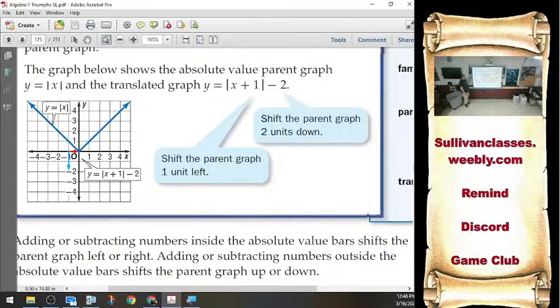All right. So, what I want you to write next to these is an absolute value will look like this. Again, they don't say this in our book, but I'm going to tell you. We're going to have H and K again.